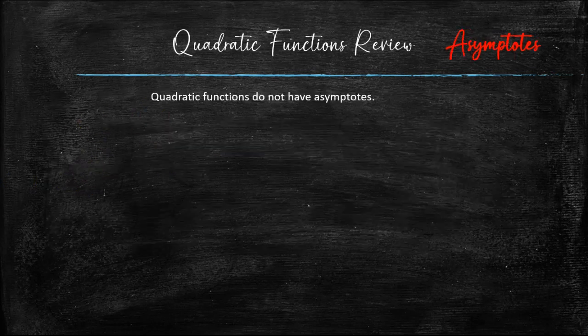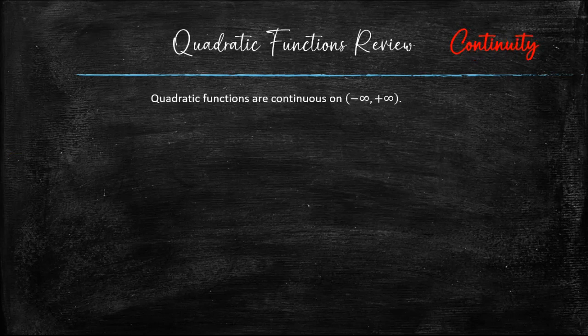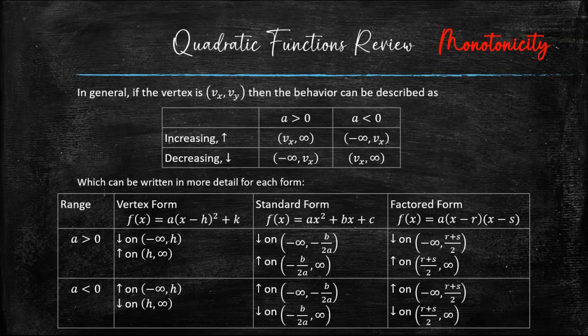Now, it's easy to know that quadratic functions do not have asymptotes. It is also trivial that quadratic functions are continuous on their entire domain, which is from negative infinity to infinity. However, just like the absolute value functions, quadratic functions switch from increasing to decreasing behavior, or from decreasing to increasing behavior, depending on the coefficients.